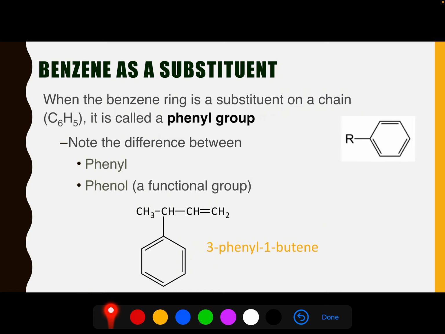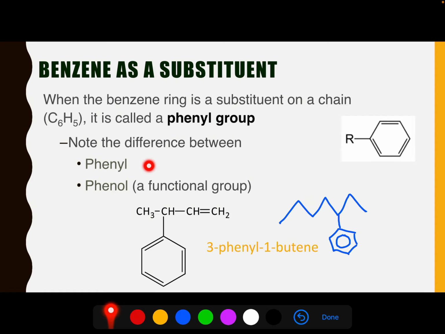Now, if benzene is a substituent, so if you have a long hydrocarbon chain, and off of the hydrocarbon chain is a benzene hanging off, you can name it as a substituent, we actually call it a phenyl group, P-H-E-N-Y-L, not to be confused with a phenol group, right?